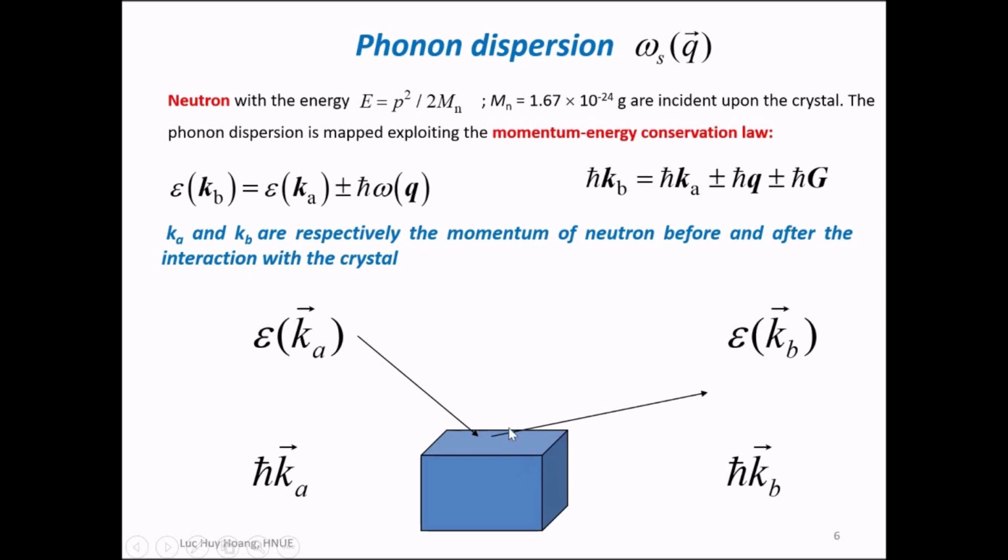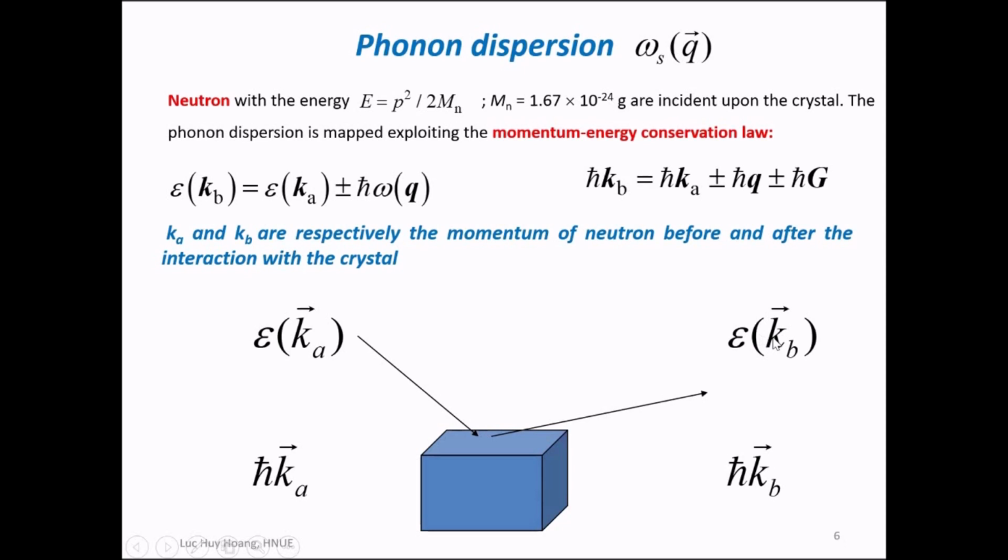If we have another particle with energy, and also momentum, and we make it interact with the matter containing the phonon, then we get back also the energy and the momentum.